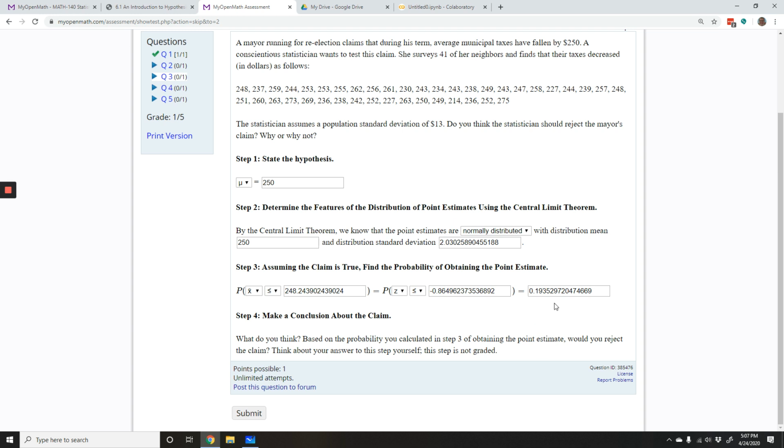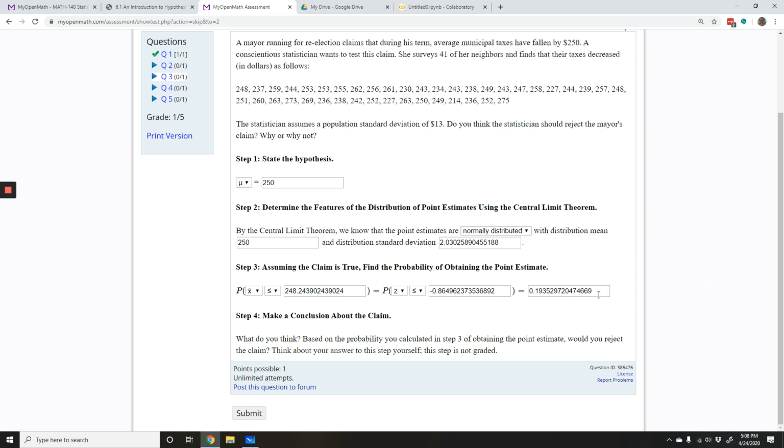Well, there's about a 19% chance of getting a sample like this, or a sample with a sample mean more extreme than this one, if the population mean is actually $250. Well, 19%, that's actually not terribly unlikely. That's a fairly large probability.